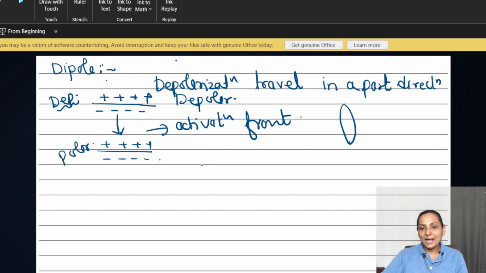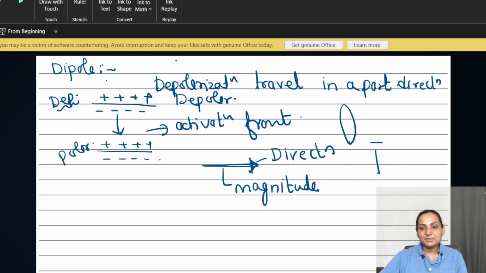This dipole will have a particular direction and a particular length. Suppose this is the length; it gives the magnitude, and this arrowhead provides the direction, which will always be from negative to positive, right?